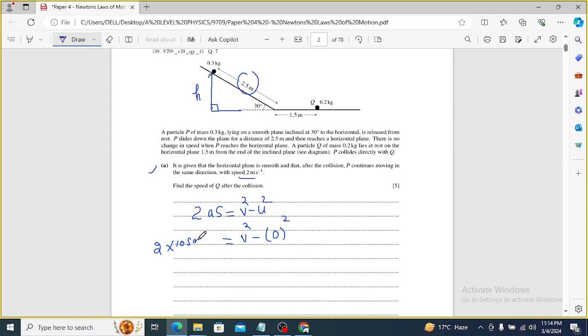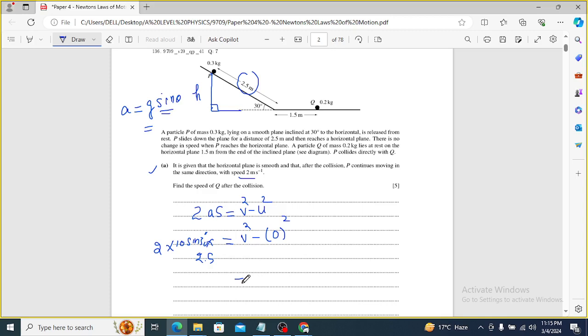Grab your calculator: 2 into 10 sine 30 into 2.5. Because the acceleration is along the incline, we replace acceleration with g sine theta. g is 10 and sine theta is sine 30.